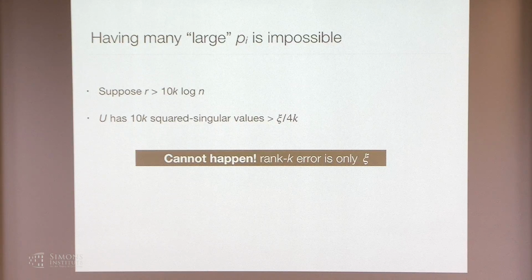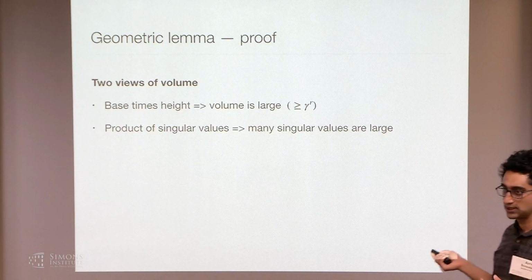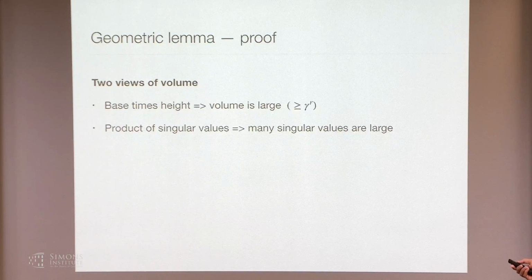A quick note: the lemma is actually pretty easy to show. It basically follows from two views of the volume of the simplex defined by these UIs. We know that every UI has a good component orthogonal to the previous ones.